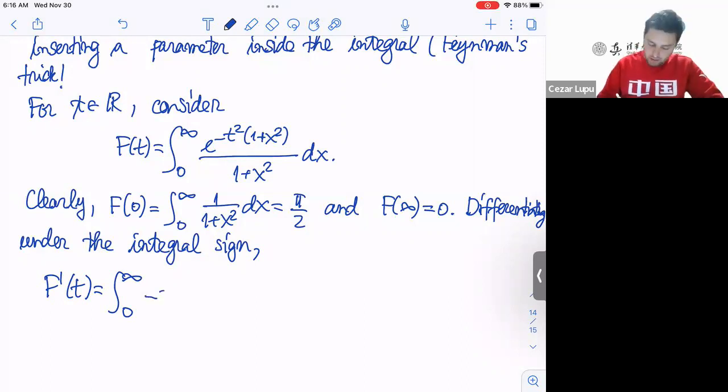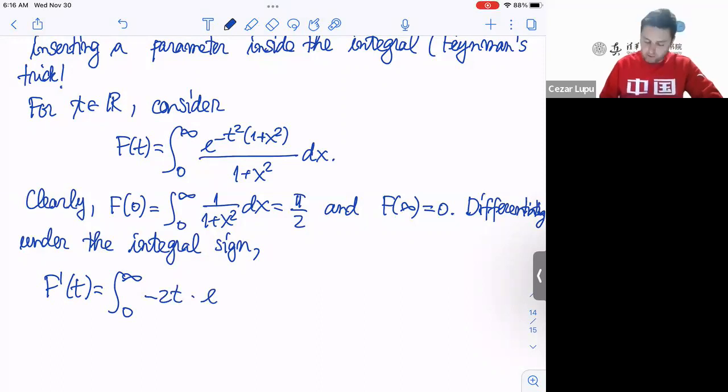So this would be negative 2t times 1 plus x squared times e to the negative t squared times 1 plus x squared dx, which is negative 2t times e to the negative t squared times the integral from 0 to infinity.